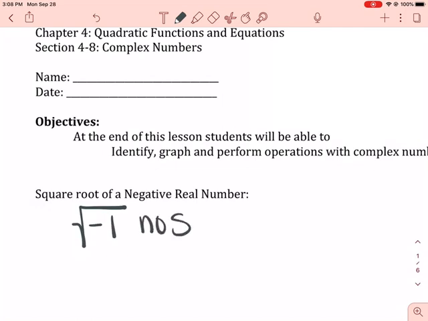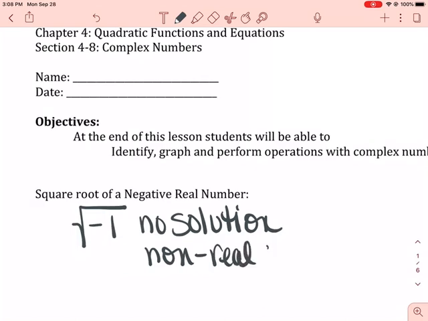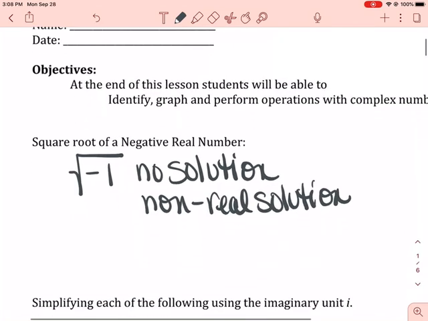Right now, we say there's no solution. A lot of times if you put it in your calculator, it will say non-real solution, things like that. Well, they came up with something called i. It stands for imaginary numbers.